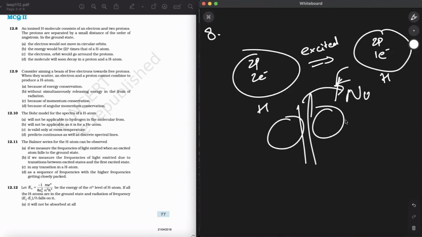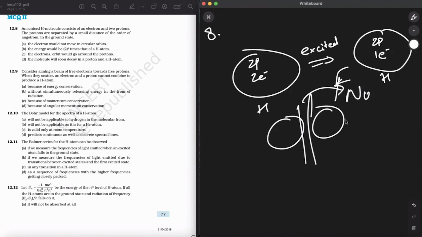So option A is correct, first of all. Now, option B, the energy would be 2 raised to the power of 4 times that of an H atom. No, this is wrong. The energy will not change by the factor of 2 raised to the power of 4. There will be a factor, but it will not be 2 raised to the power of 4.